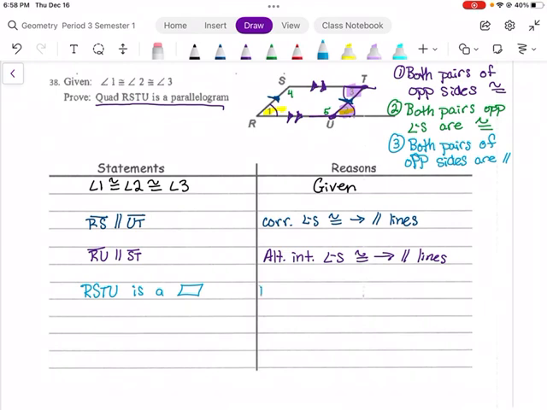And the reason is because both pairs of opposite sides are parallel. And because they're parallel, that implies we have a quadrilateral. And that would be the end of this proof.